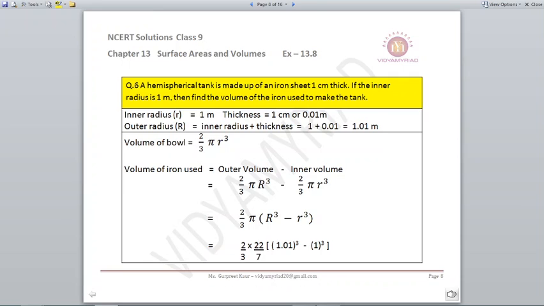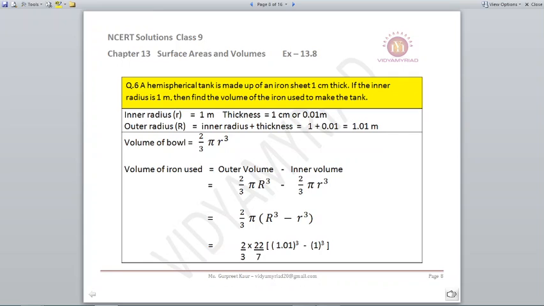We need to find out the volume. So volume formula is 2 upon 3 pi r cube. Now the iron, we need to find out for the iron used. What we have to do? We will be subtracting outer volume and the inner volume to get the volume of iron to be used. Now formula is same, 2 upon 3 pi r cube. For outer volume we will be using the outer radius, and for the inner volume we will be using the inner radius.